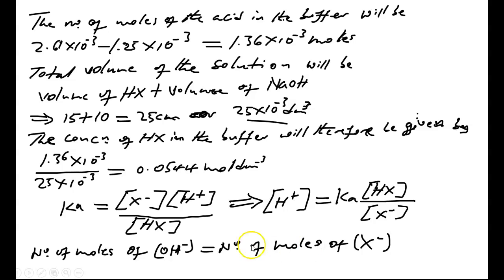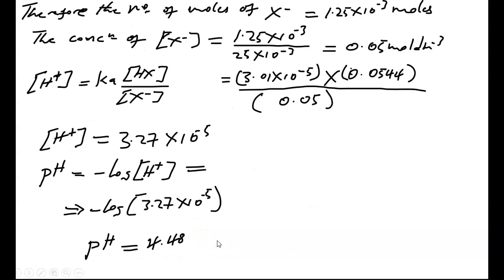So the number of moles of X⁻ will be the number of moles of the original sodium hydroxide in the solution, that's 1.25 × 10⁻³ moles.